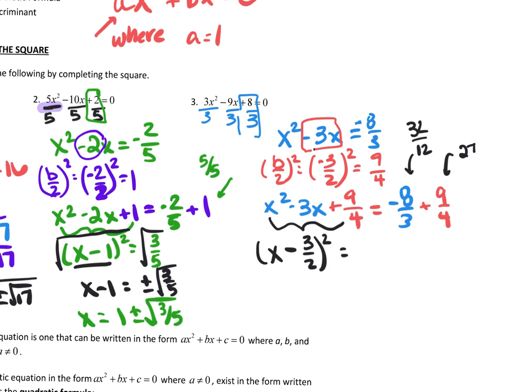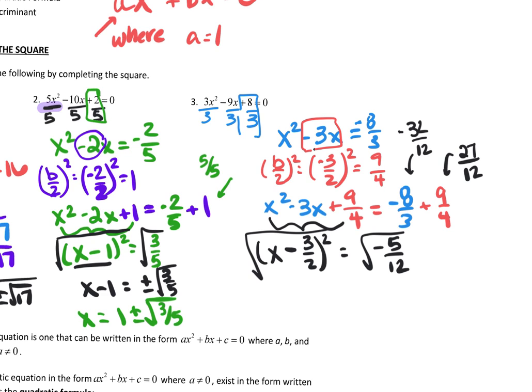So that's 27/12. And so when I do that, negative 32 plus that is going to be a negative 5/12 right here. And now I'll take the square root of both sides.